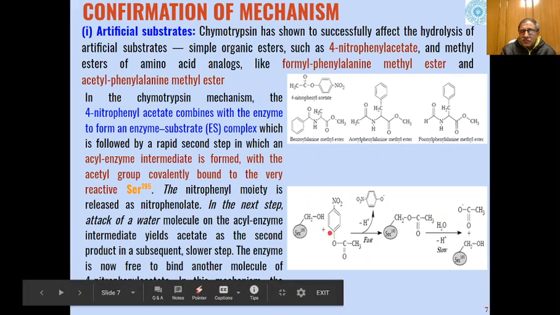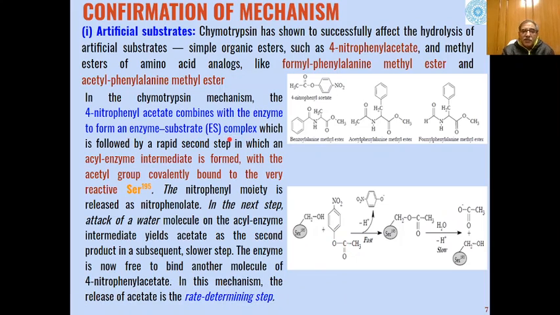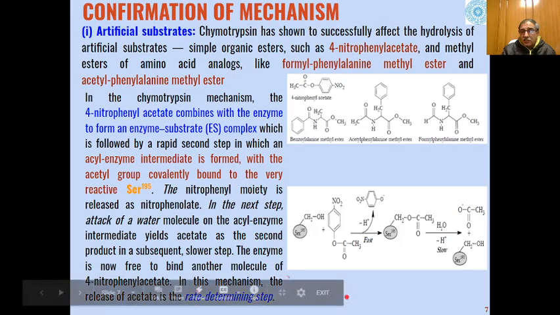In the case of the enzyme, this is the active site, and we react it with 4-nitrophenyl acetate; breaking of this bond takes place, and an enzyme substrate complex of the enzyme with 4-nitrophenyl acetate is formed, like we have seen in the real mechanism, and ultimately we get these products.